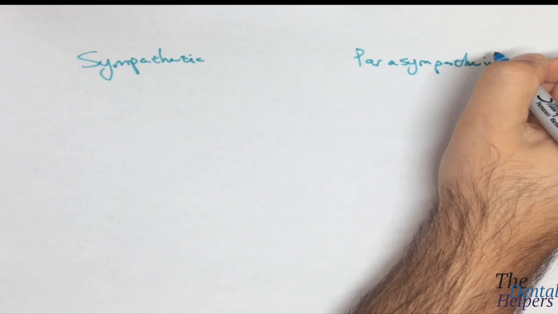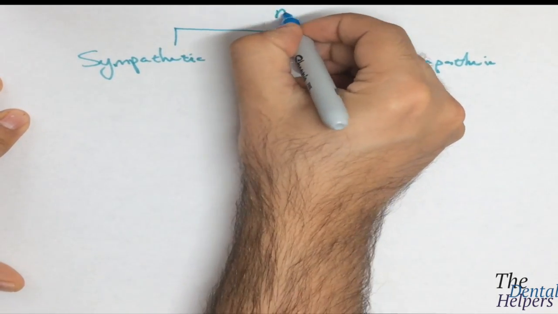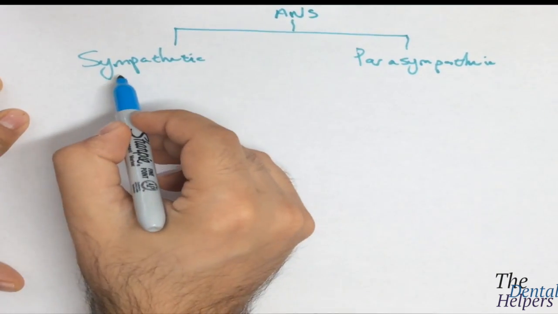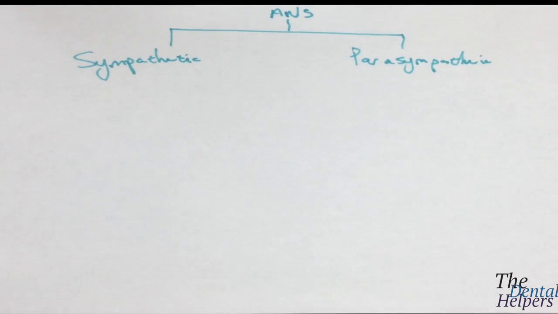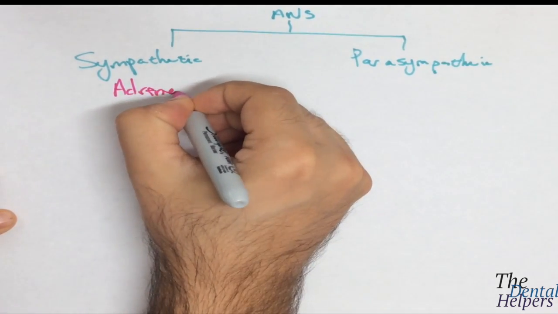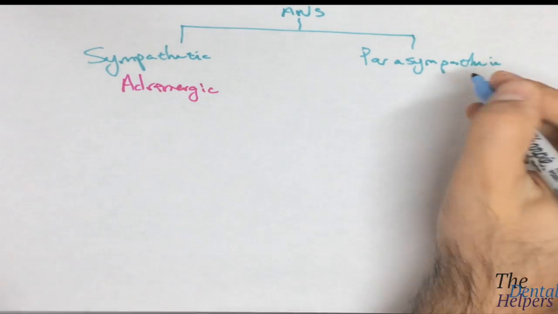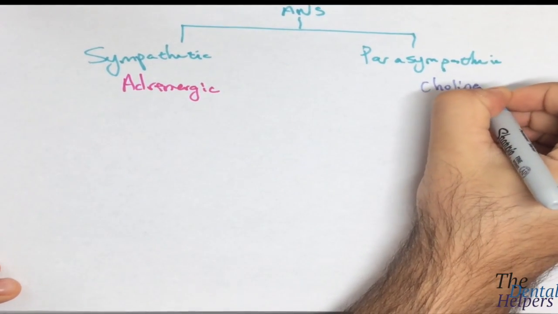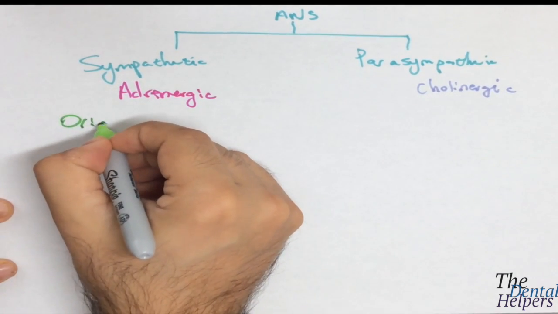And we know already that these are going to originate from the autonomic nervous system, and we know that the sympathetic is fight or flight, parasympathetic is rest and relax, and this is the adrenergic system versus the cholinergic system. Now the new things, or kind of the add-ons to that, is where they originate from. So the origination.